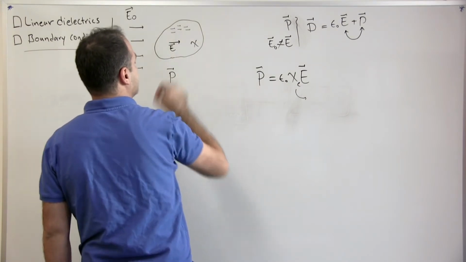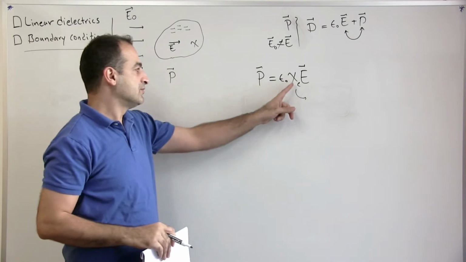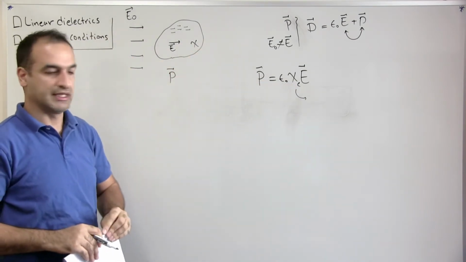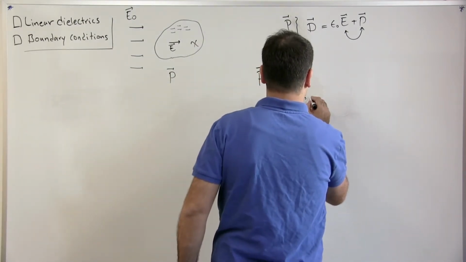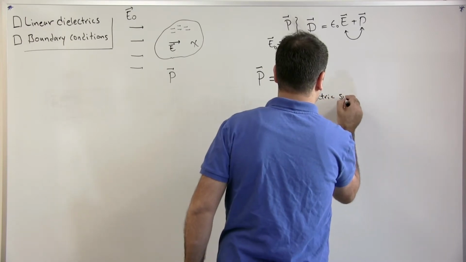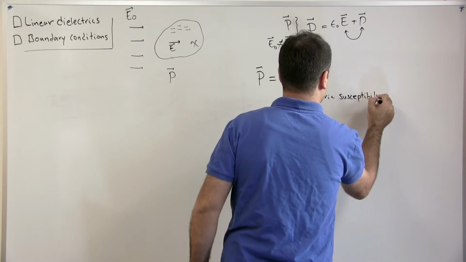Any dielectric material has an electric susceptibility associated with it, and that can be measured and so on. So chi E is the electric susceptibility.